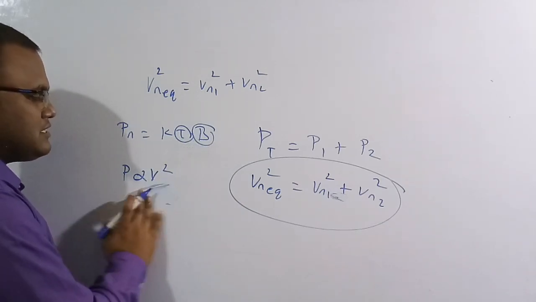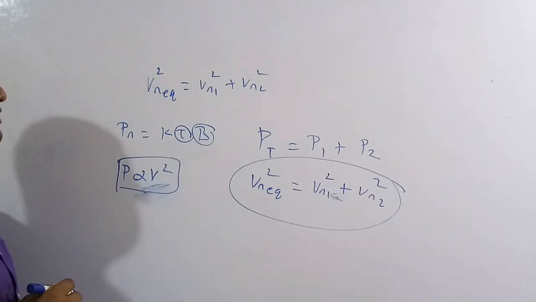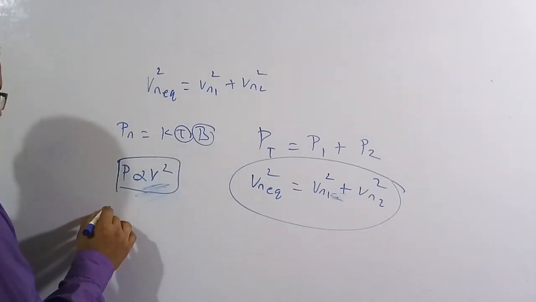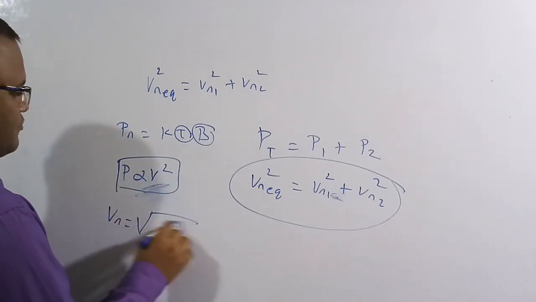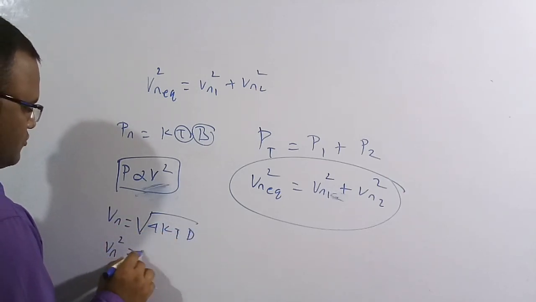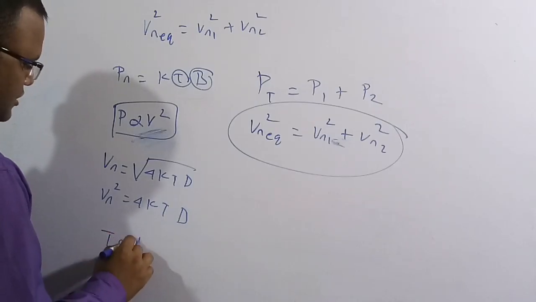So I have to remove the resistor. It is directly proportional to the square of the thermal noise voltage, because we already know Vn is equal to the square root of 4K TB, so Vn square is equal to 4K TB. Therefore temperature is directly proportional to Vn square.